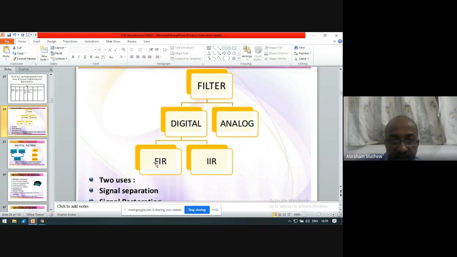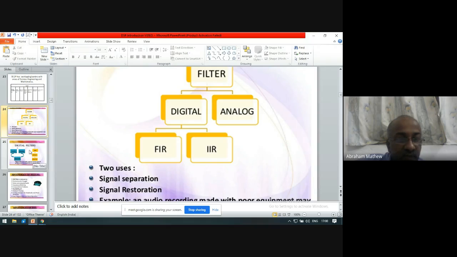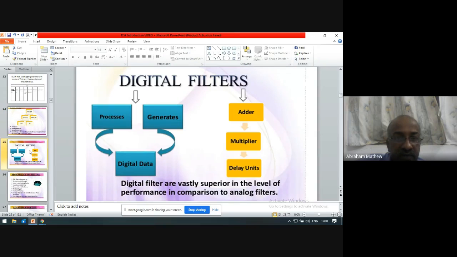What are they? Finite impulse response filter, that is FIR filter, and infinite impulse response filter, IIR filter. In subsequent chapters, we are focusing much on FIR and IIR filters, how we can design all this.